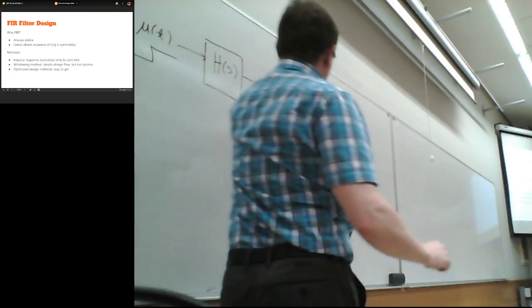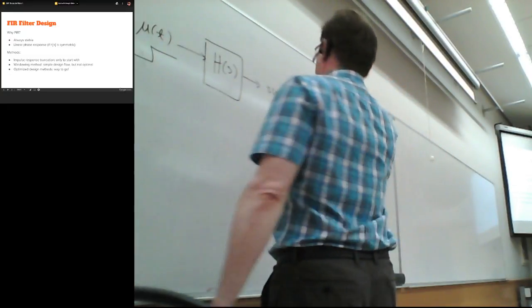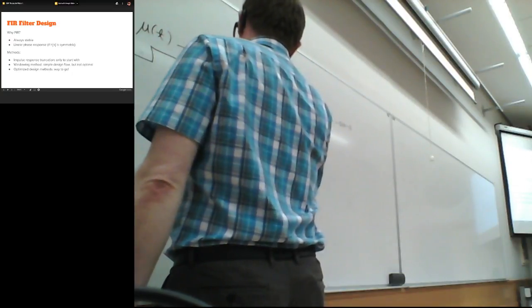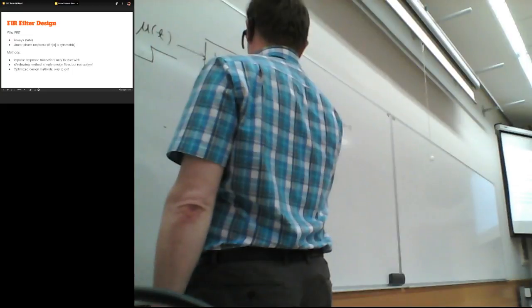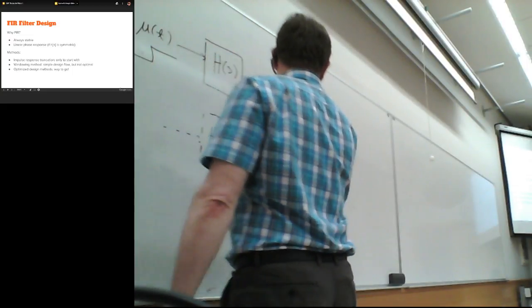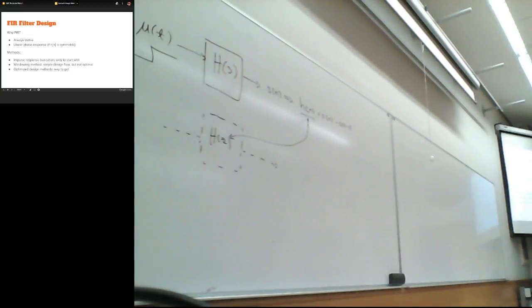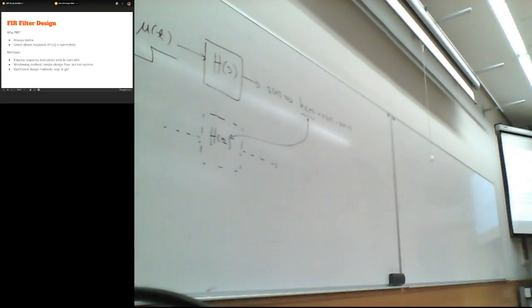So you have a copy of the system here. So instead of that one, you can make a rough estimate of this system by putting here the H of z based on the impulse response you measured. This is a very crude way and doesn't work that well, but it's quite simple to understand why it might work.